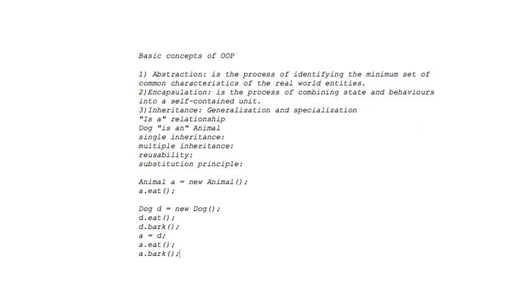If they are overridden, the overridden methods will be invoked. But other methods which are only implemented in the dog class, we cannot invoke them because there is no room to have those methods in here. So this is according to the substitution principle.